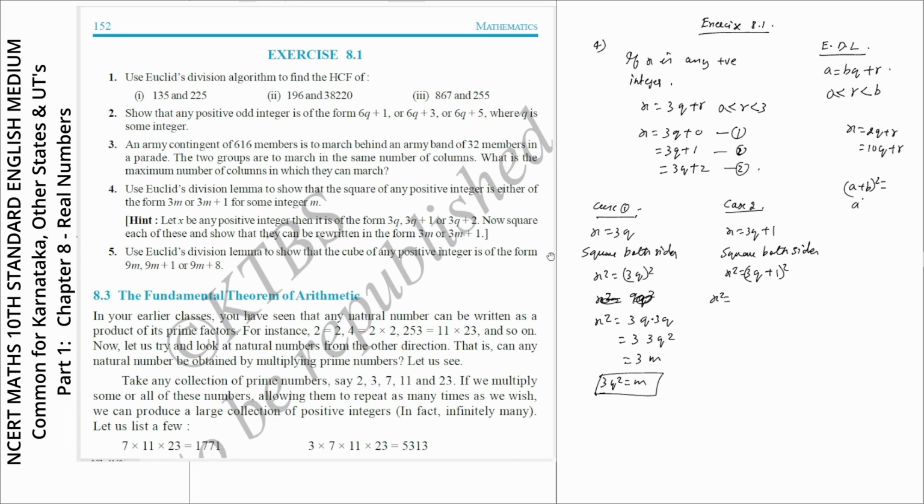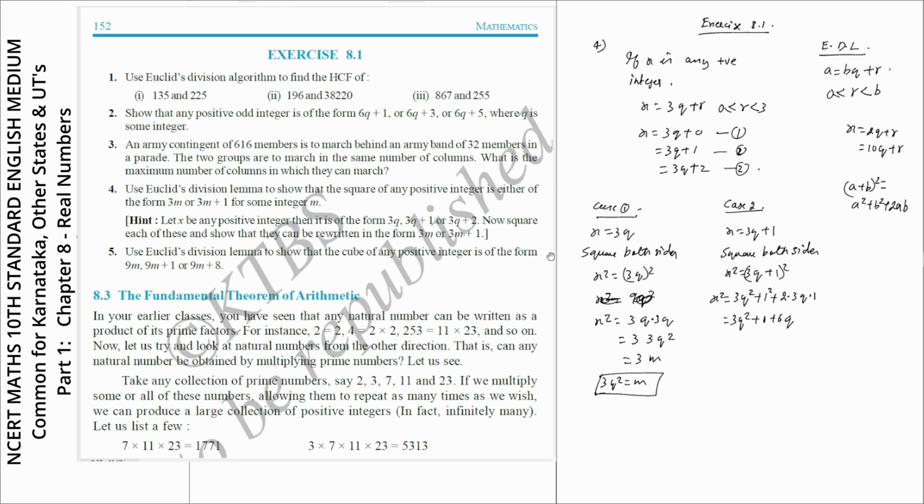It is a square plus b square plus 2ab. So this is 3q square plus 1 square plus 2 into 3q into 1. So this is equal to 3q square plus 1 square is 1 plus 2 3s are 6q.